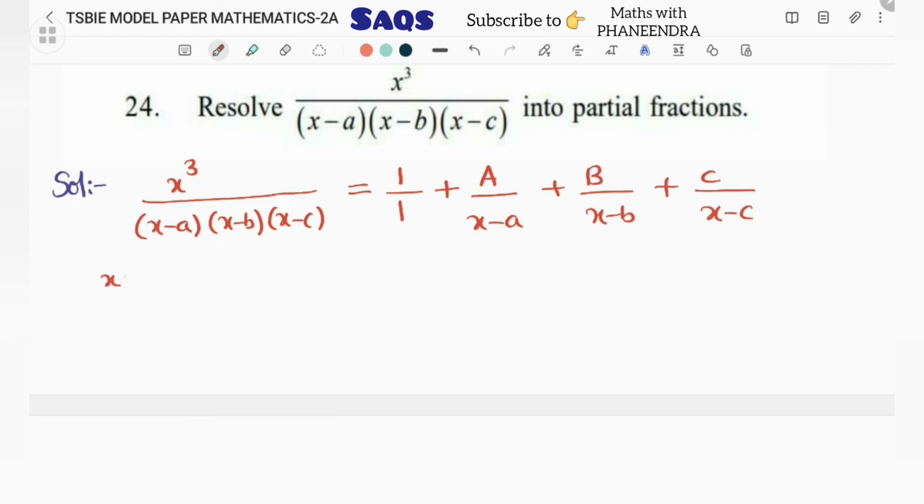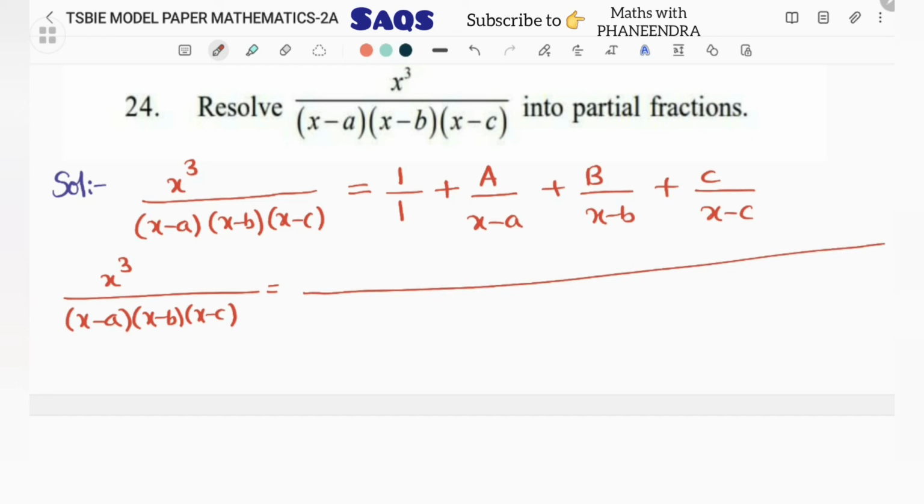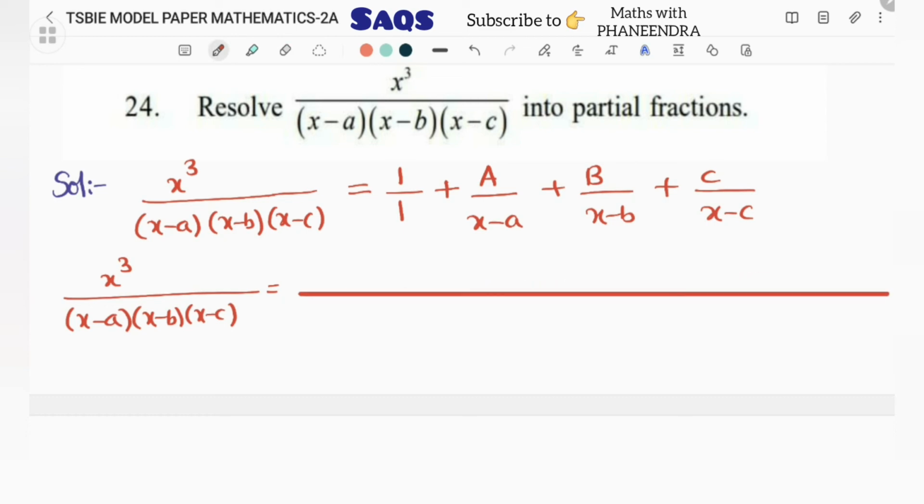Take the LCM on both sides. x cube by (x minus a)(x minus b)(x minus c) is equal to... So the LCM is (x minus a)(x minus b)(x minus c).